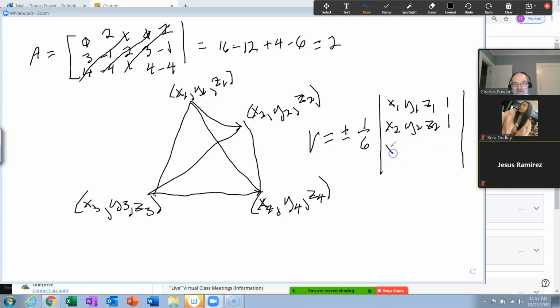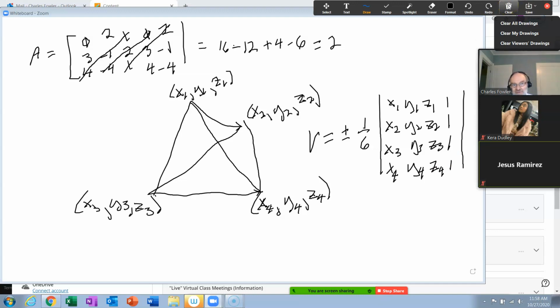The next one would be x sub 3, y sub 3, z sub 3, 1. Then x sub 4, y sub 4, z sub 4, 1. Find that determinant, you've got it knocked. That's the volume of a tetrahedron. Like they said, you're going to do that in section 3.4. Why did they bring it up now? I don't know. Anyway, you've seen it, we'll use it later.